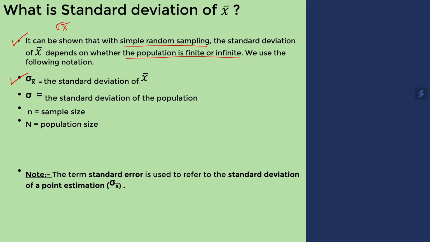So there will be different standard deviations of x bar for finite population and infinite population. We will understand this finite and infinite population in the next slide, but for now, just take into consideration that the standard deviation of x bar is this.